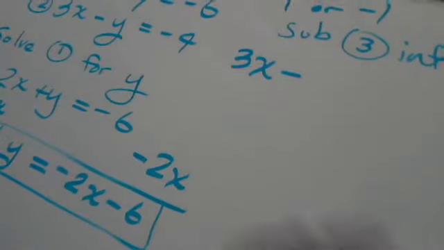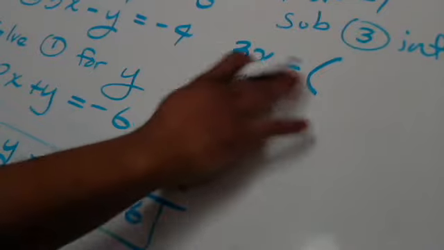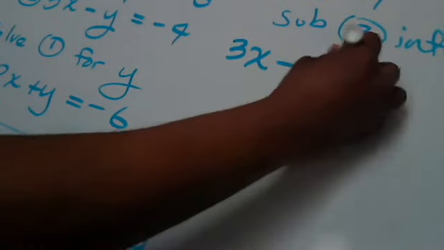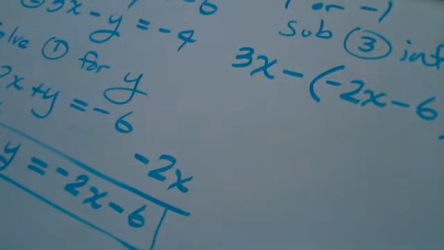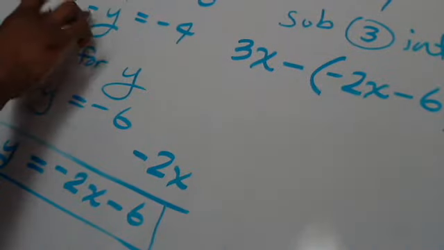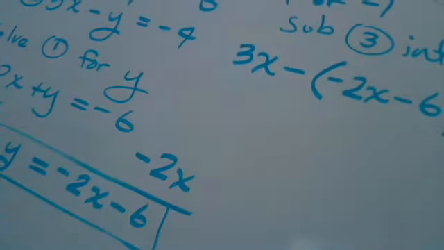So I'm going to open up a parenthesis. It's important that I do that because we've got all these negative signs floating around, and it's good practice to do it in general. So I substituted that in for y, and I have to continue on with the equation, which is equal to -4.